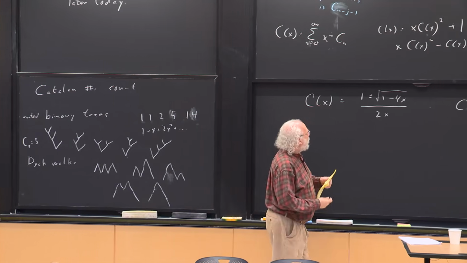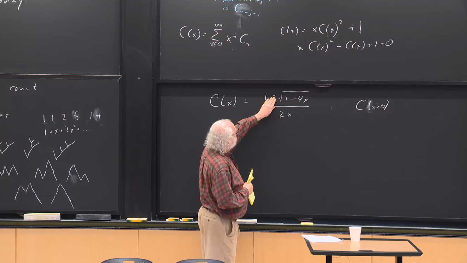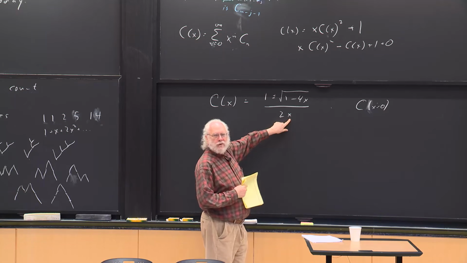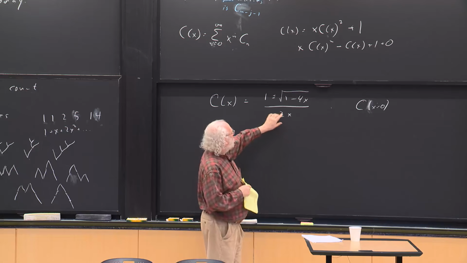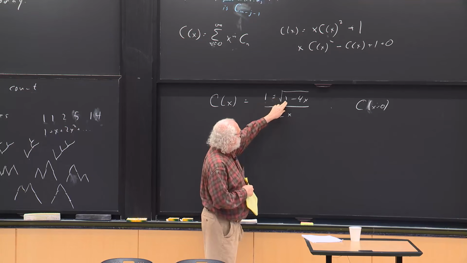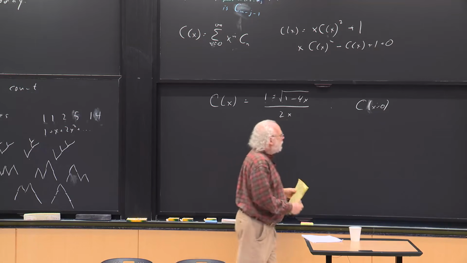So if you substitute x equals 0 in here, and you have the plus thing, you get 2 divided by 0, which is infinity, so that's not right. If you substitute the minus term, you get 1 minus 1 over 0, which might be right.